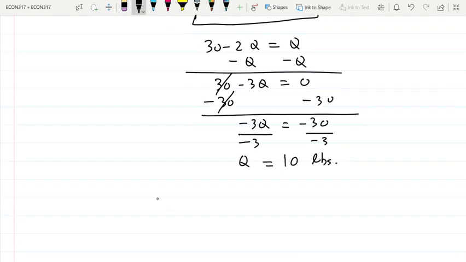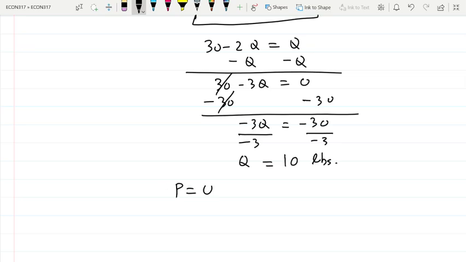Given this quantity, we can go back and find the equilibrium price, and for that we can use either the inverse demand or the inverse supply. Given the inverse supply function, we would prefer to use that, since it requires less calculation.